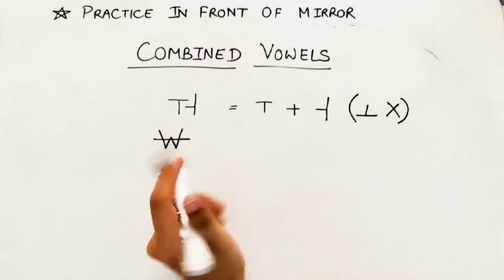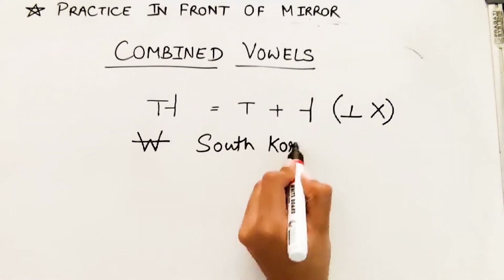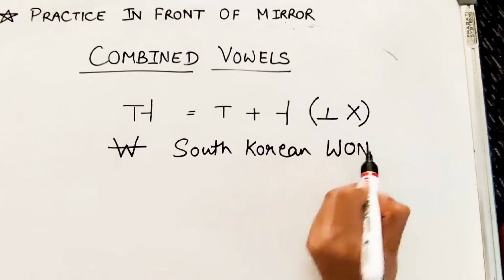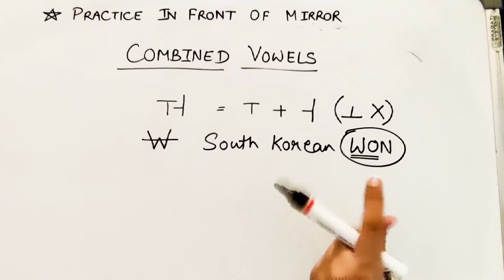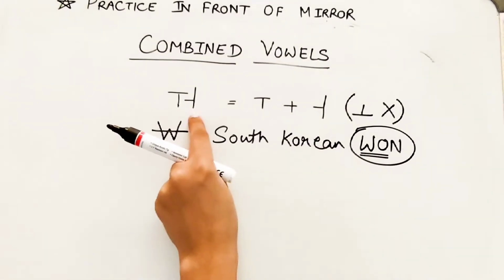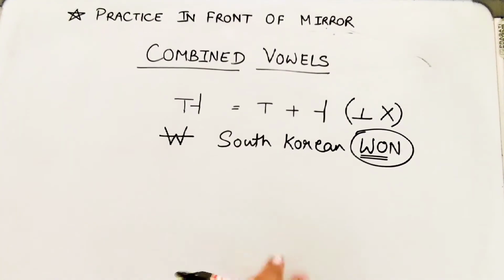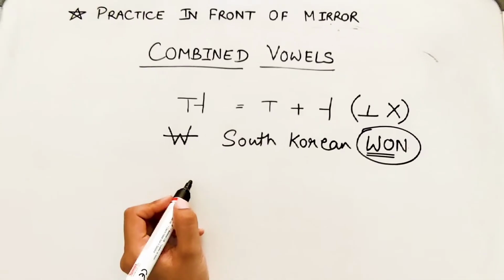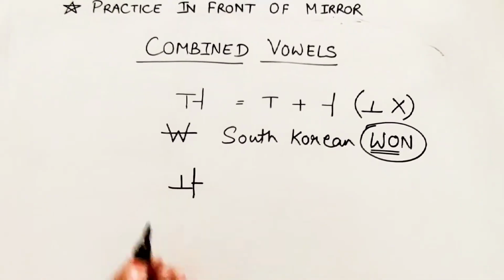The word in English that you can use to remember this is the South Korean won. I'm sure when you are reading Hangul, you have some purpose of reading it, right? So you must know the currency of South Korea, which is South Korean won. So the wa that you say is actually the pronunciation of this combined vowel, wa. Another word could be sword. Try saying that and you'll notice.